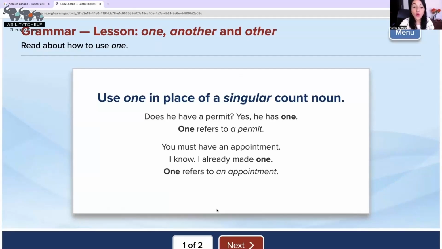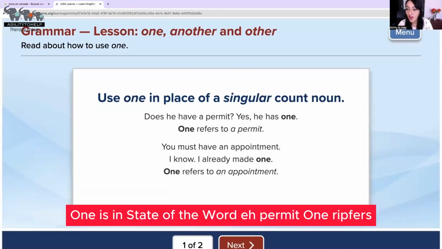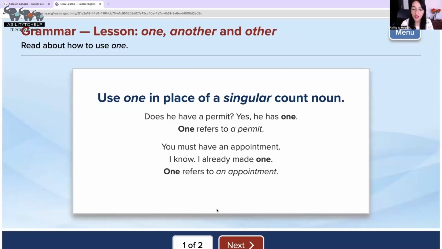Use one in place of a singular count noun. For example, does he have a permit? Yes, he has one. One is instead of the words a permit. One refers to a permit, so that's why you can change that word using one.